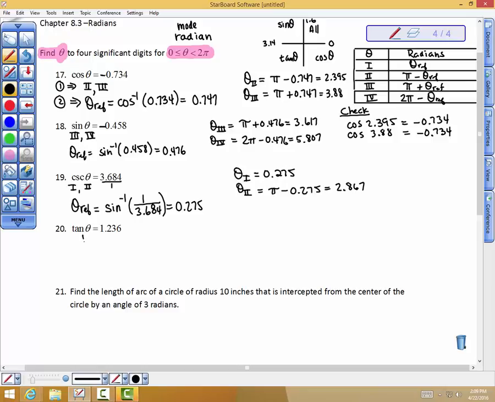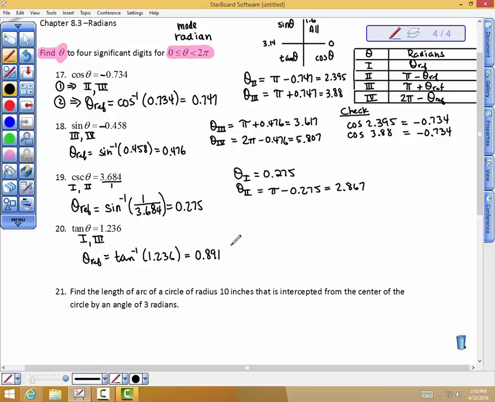Tangent is positive in first and third. The reference angle is found by taking second tan of the 1.236. It's going to be a number between 0 and 1.6. This turns out to be 0.891. Again, it's getting close to 57 degrees because 1 radian is 57 degrees.